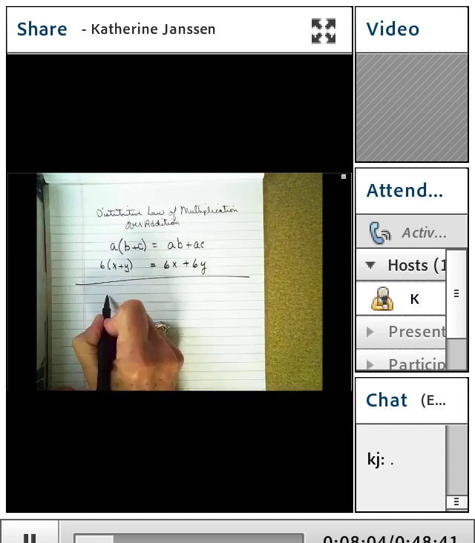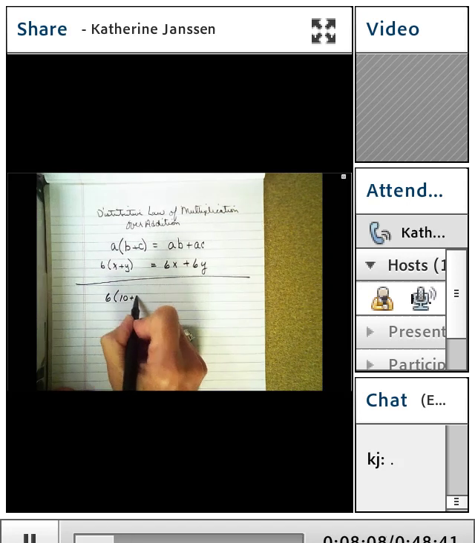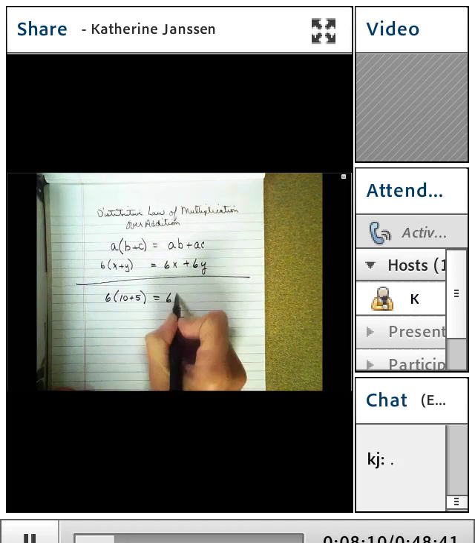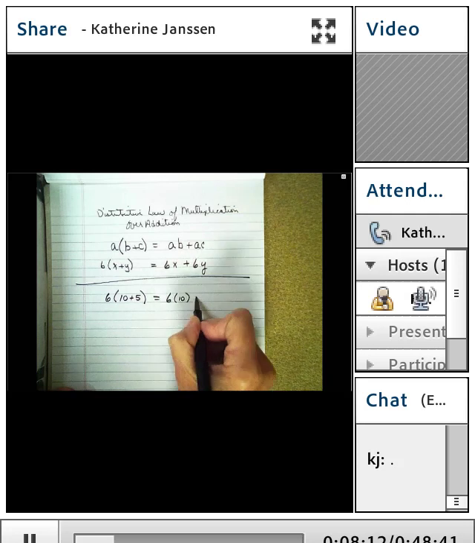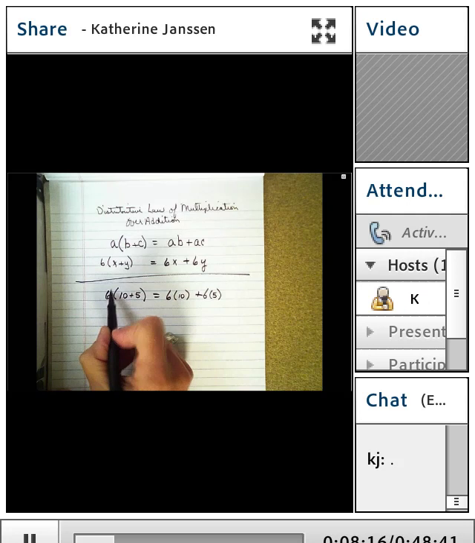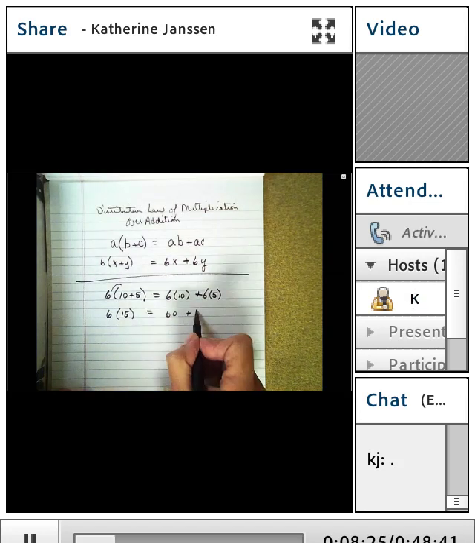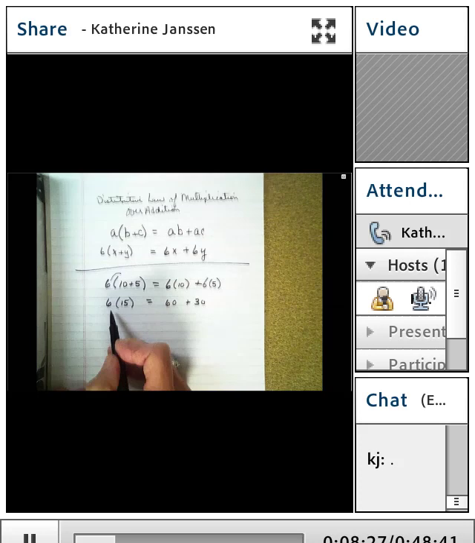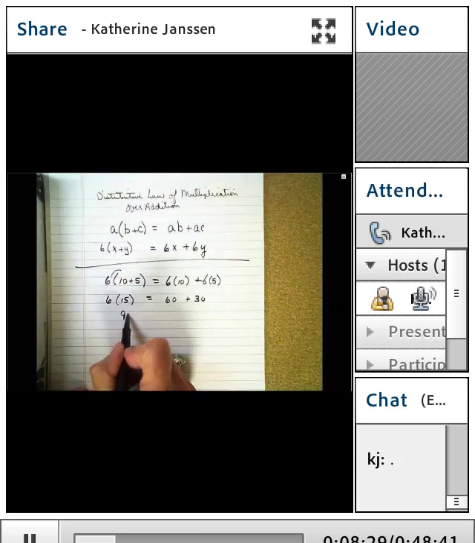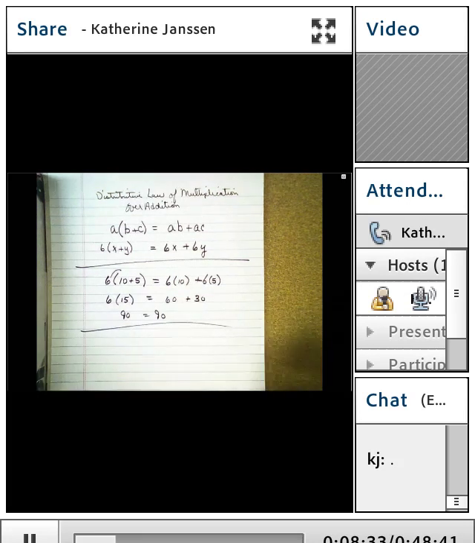Let's check this. 6 times 10 plus 5 should equal 6 times 10 plus 6 times 5. Well, this is 6 times 15, which equals 60 plus 30. And 6 times 15 is 90, and 60 plus 30 is 90. So it looks like that holds true.